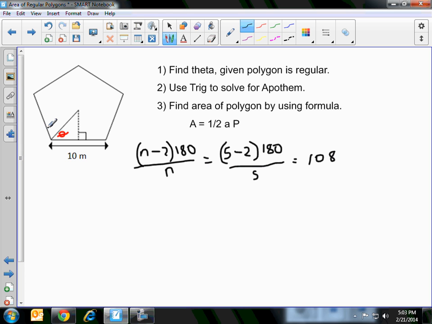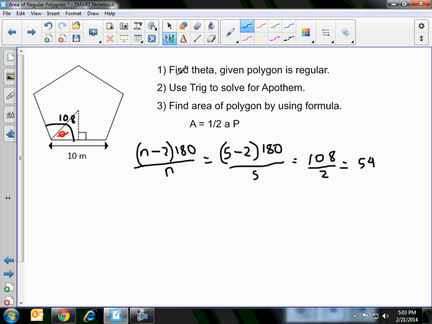Now, 108 is from that side to that side, so that whole angle is 108. But that's not how big theta is. Theta is always half of that. So 108 divided by 2 is 54. All right, so that's my theta, that's my 54.